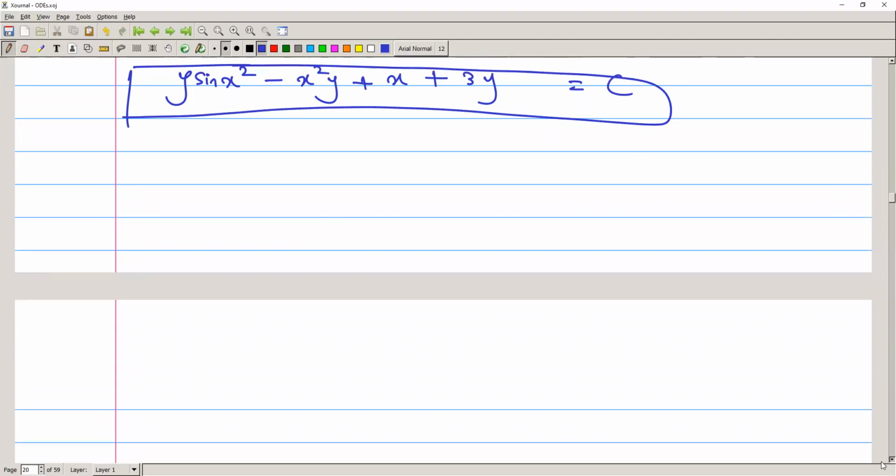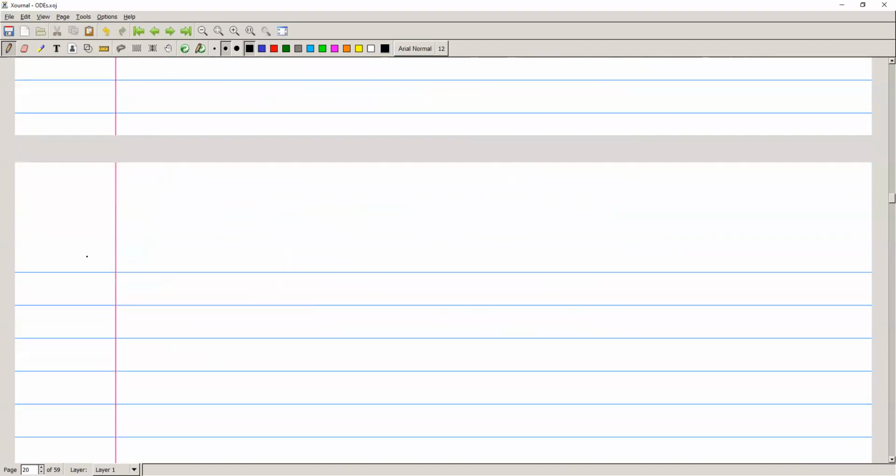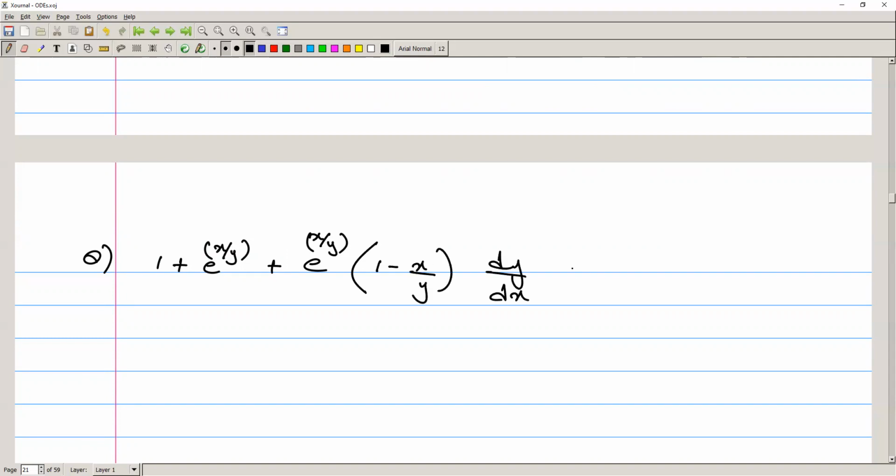Let's take one more example, probably the last example of this lesson, and then you can practice these problems from books. So it's 1 plus e to the power x over y, plus we have e to the power x over y times 1 minus x over y times dy over dx.